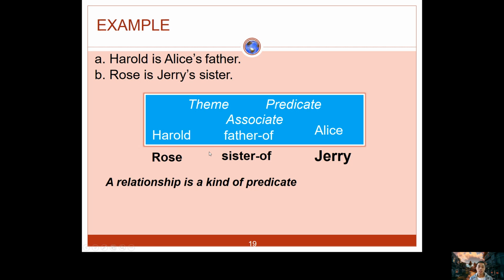That means the predicate of this sentence is Harold, father of Ellie. It is different from the previous one. And Rose, sister of Jerry.